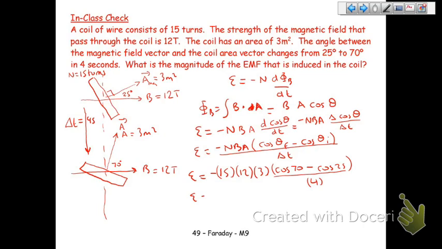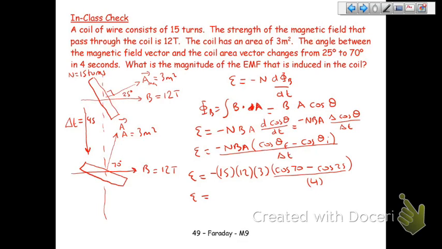I get my calculator out. What's the first thing I do when I'm doing trig on a calculator? Check to see that I'm in degrees. And then let's start off with that. So cosine 70, enter, minus cosine 25, enter. I got that bit done. Divided by 4, enter.